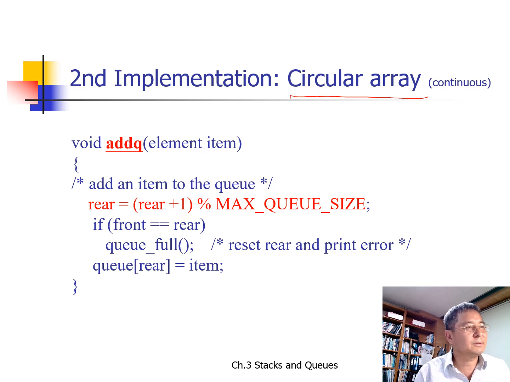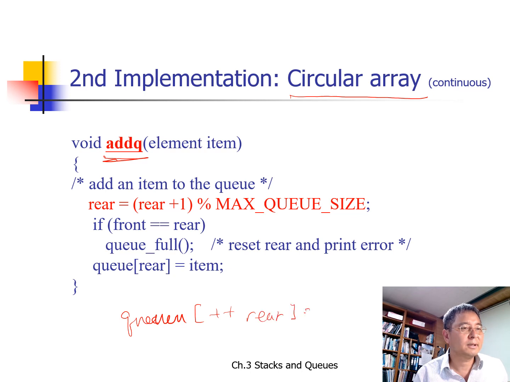So in the other queue implementation, the first implementation was that queue[++rear] = item.